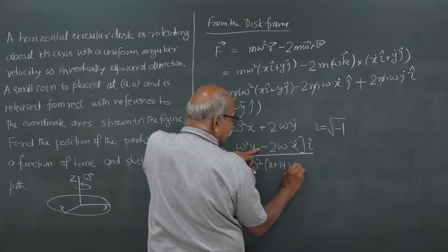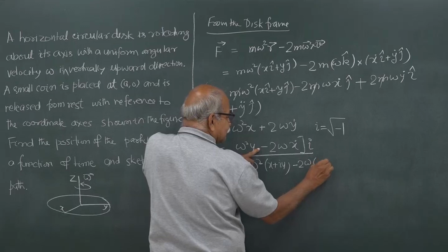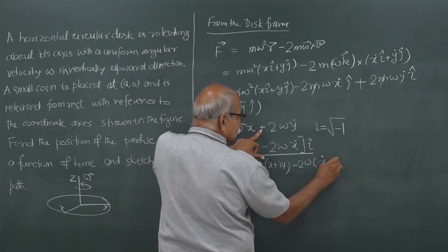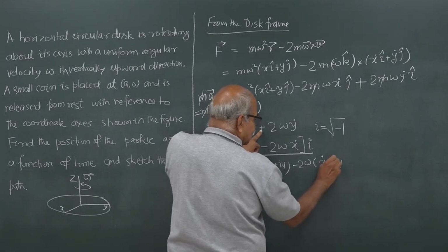Let us take minus 2 omega common, we are adding. So x dot here, and then minus omega is taken, so i times y dot here.